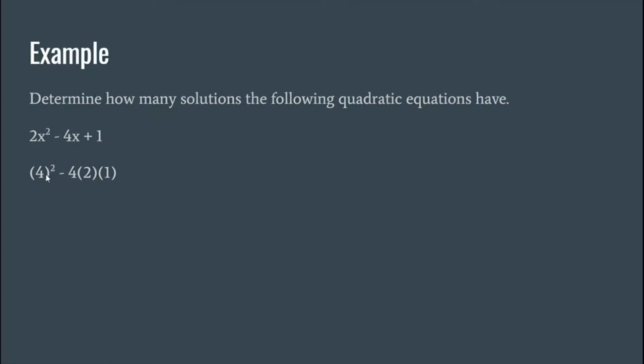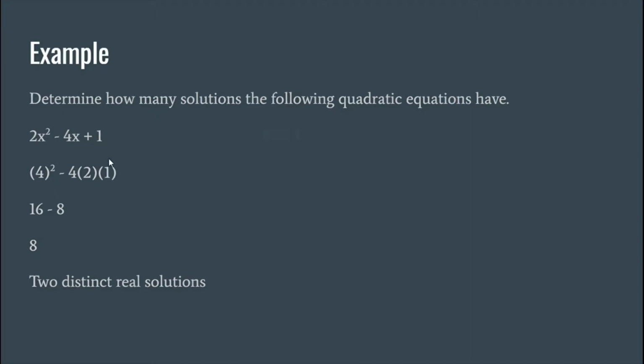Remember, it was b squared minus 4ac, which is what we're working with. Go ahead and simplify, and we get a positive number. So that means we have two distinct real solutions. If this is new to you, you might want to put the negative in, but since you're going to square it, that sign doesn't really matter anyway.